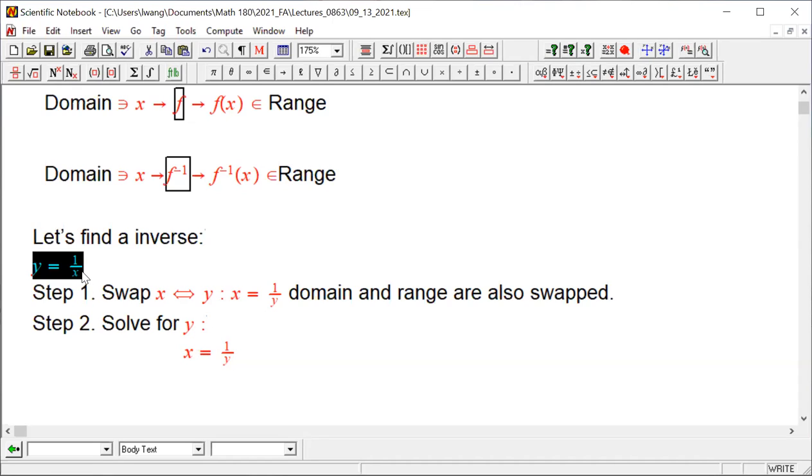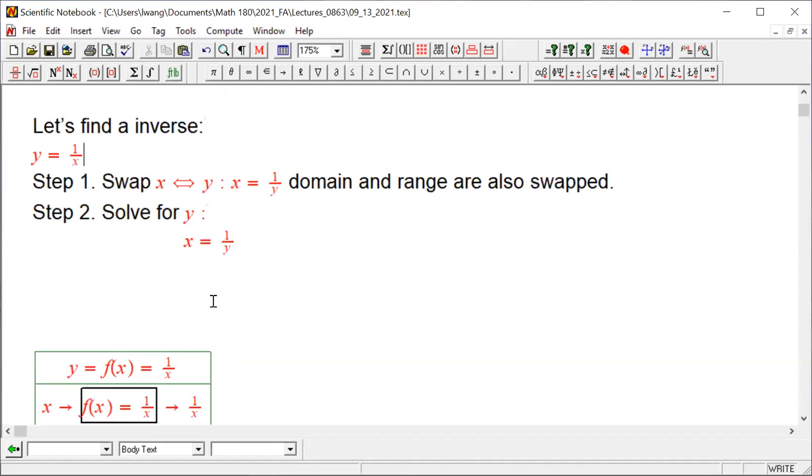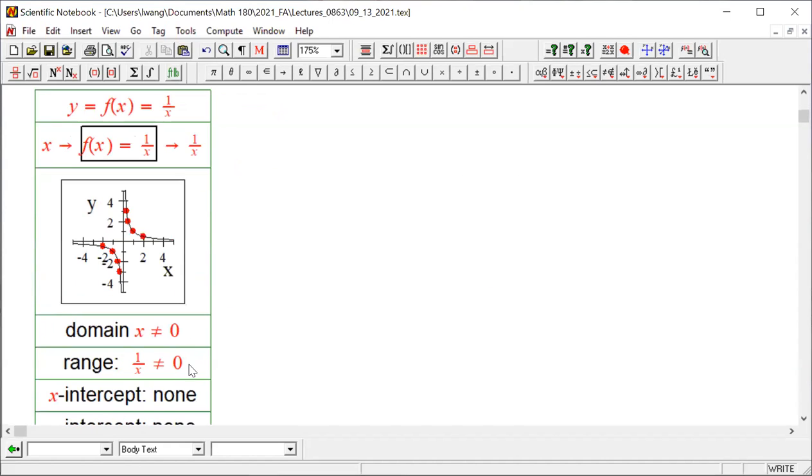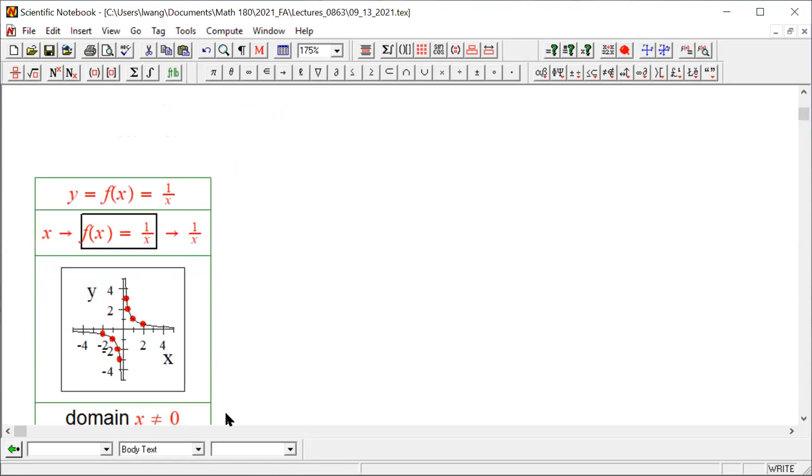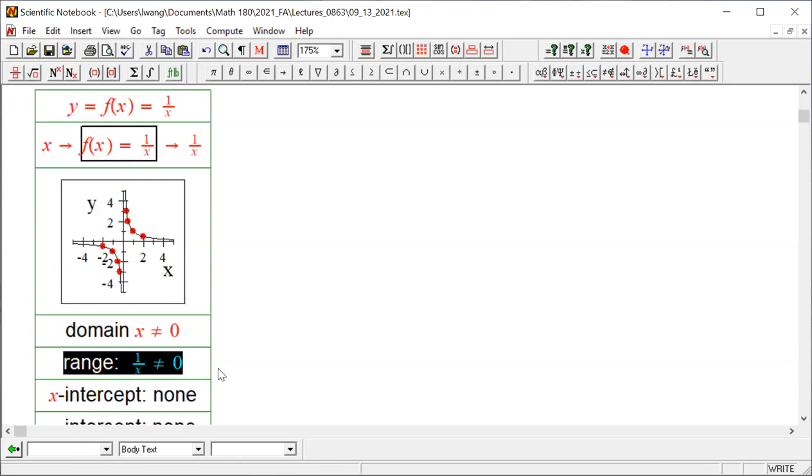So when we work with this function, we imply we're working in the domain of the function. So you don't have to question. When we swap it, the domain and range are swapped at the same time. But in this case, domain and range are the same.